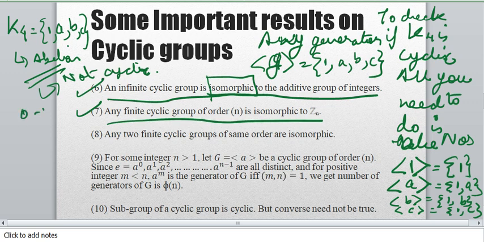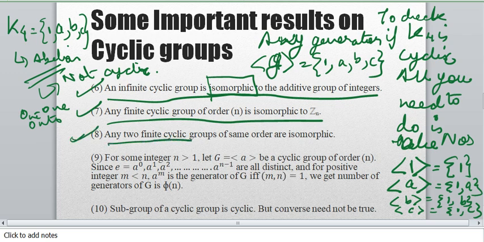It's just one to one and onto. When a function is one to one and onto, just a vague definition, then that type of function is called an isomorphism. So isomorphic is one to one and onto only, that much you must remember. Let's move on to the next one.